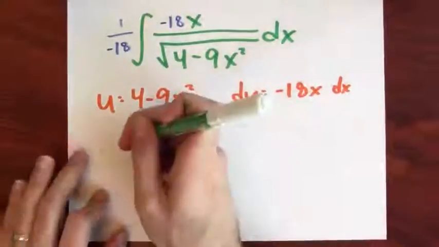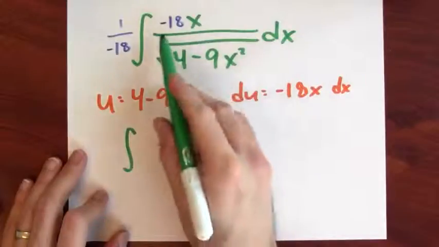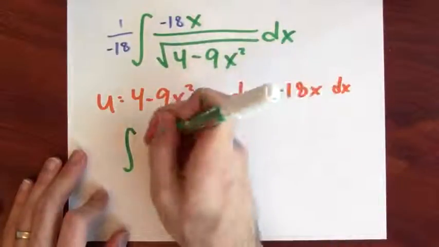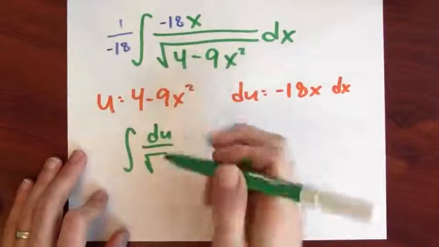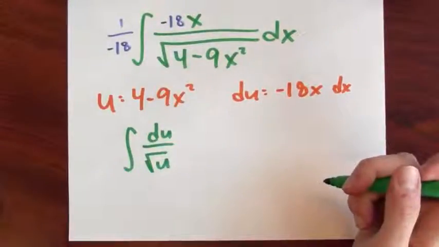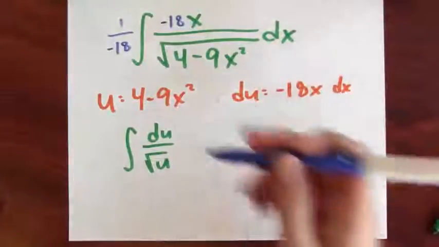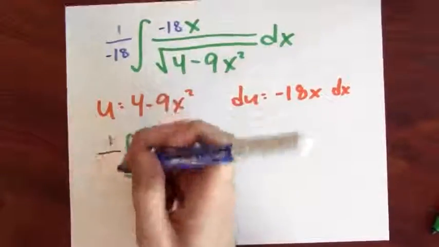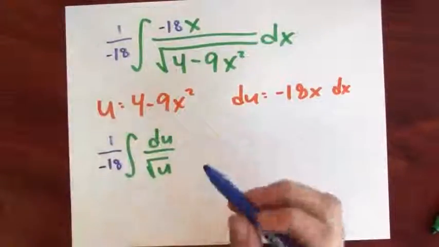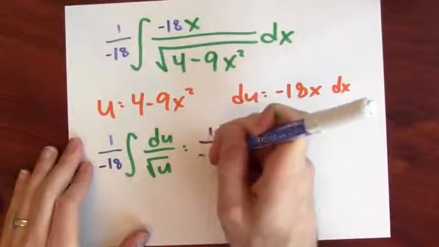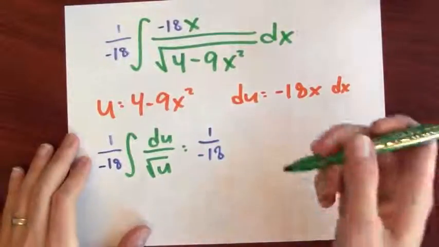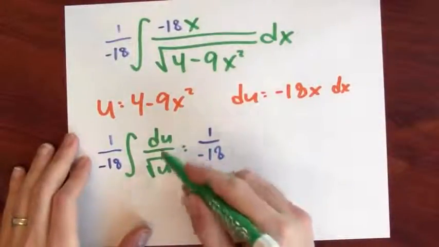So let's make that substitution. This is now, well, the numerator is now just du, and the denominator is the square root of u. And I want to make sure to include the 1 over negative 18 in front. And that integral I can do with the power rule. So this is still 1 over negative 18. And what's an antiderivative of this?